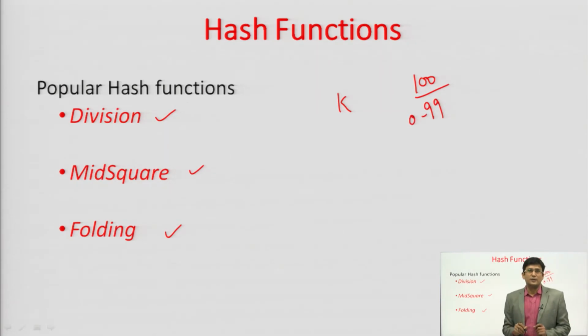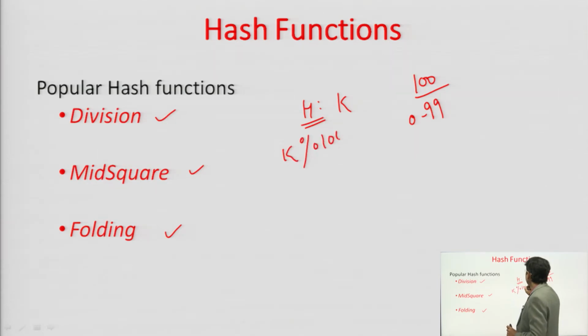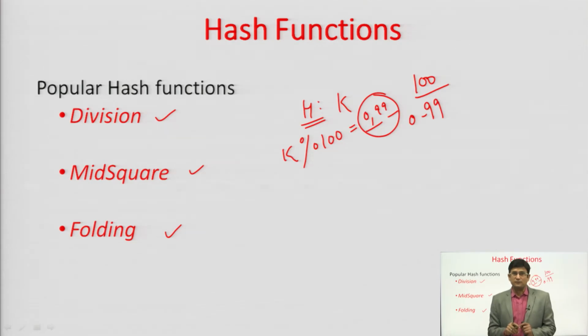It means we have a 2-digit address. So we need to find a 2-digit address with the help of a hash function. The hash function may be to take the key's modulus with 100. This quantity will be a number between 0 and 99, and that will be the address of the key in the hash table.